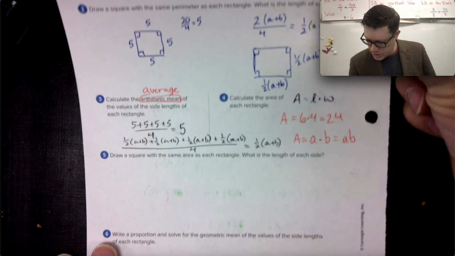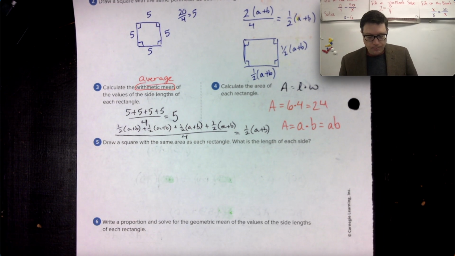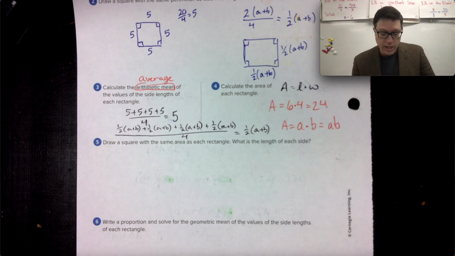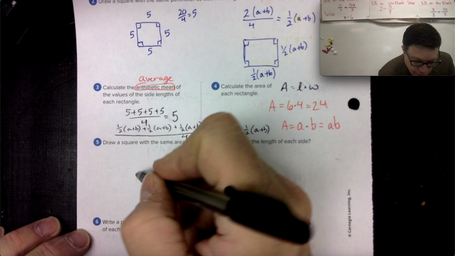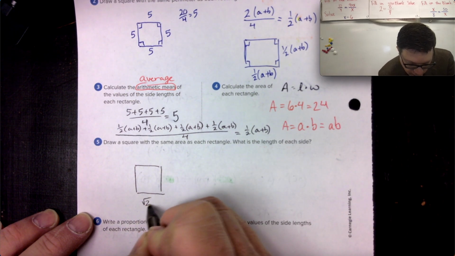Okay, draw a square with the same area as each rectangle. So if we have a rectangle here with an area of 24, then the way to find the square with the same area is to square root the 24.